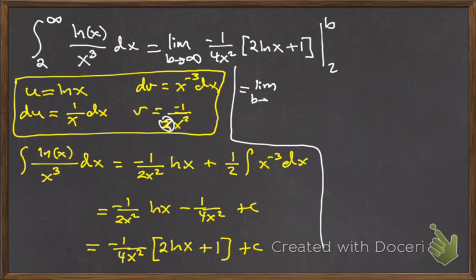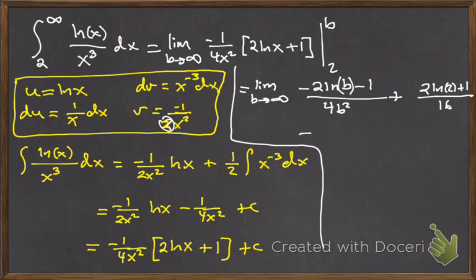So we have the limit as b goes to infinity of negative 2 ln b minus 1 all over 4b squared, and then evaluated at 2.